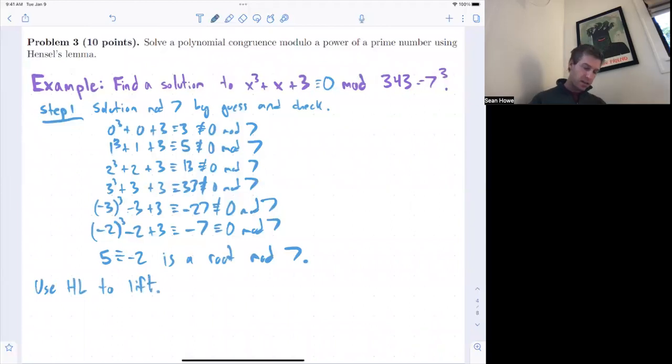I should check. I have to compute the derivative of f at x. So f prime is 3x squared plus 1.